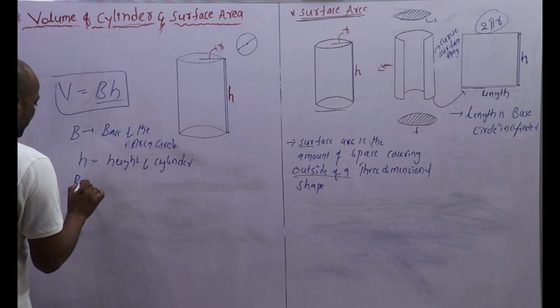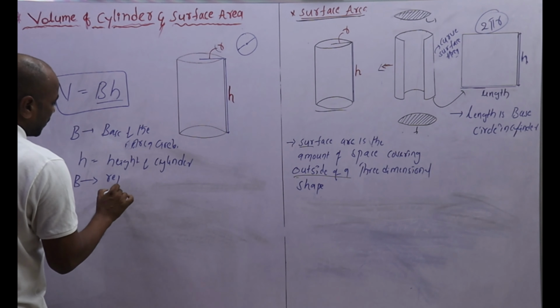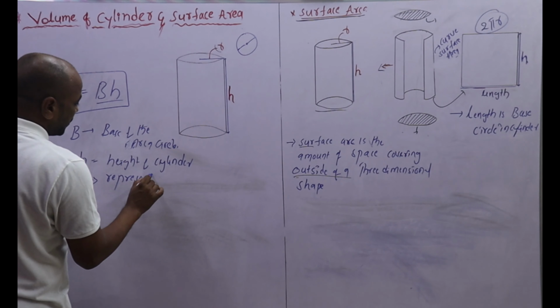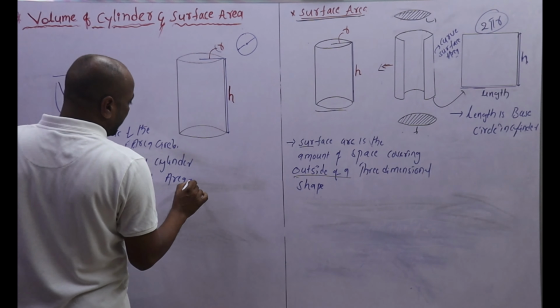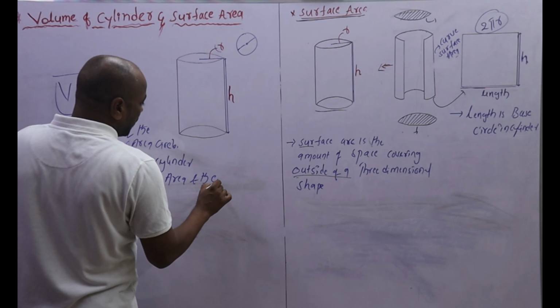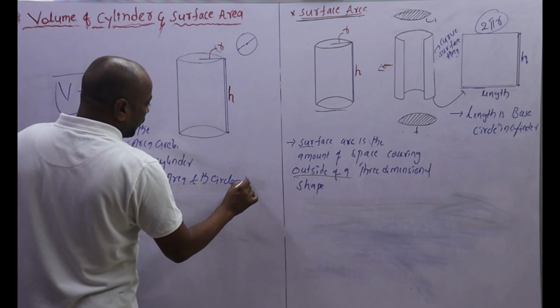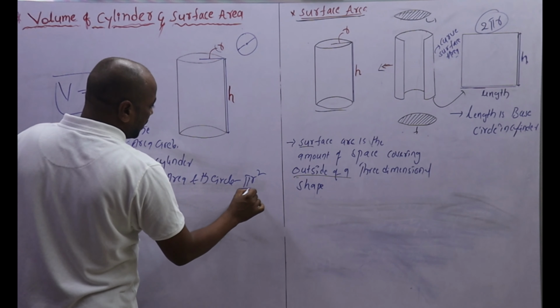B represents the area of the circle, that is pi r square.